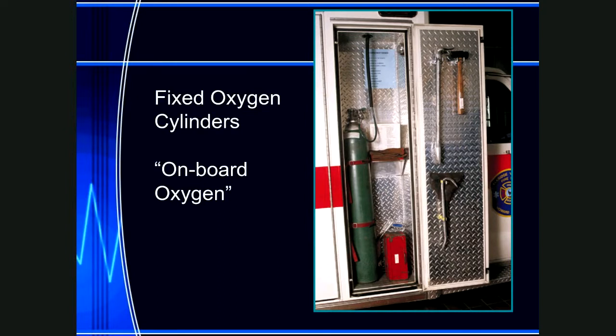Below 200 psi, there's not enough oxygen in the cylinder to allow for proper delivery of oxygen to the patient. We try, before the cylinder reaches 200, to change it out at 500 psi. But for testing purposes, remember 200 psi is when we change out the oxygen.